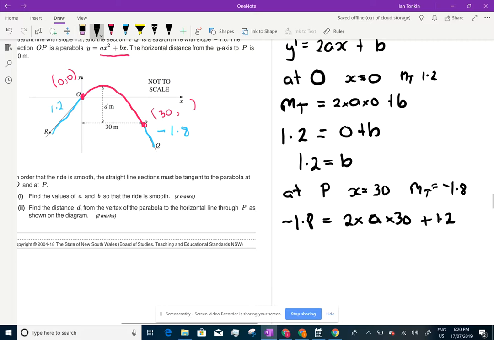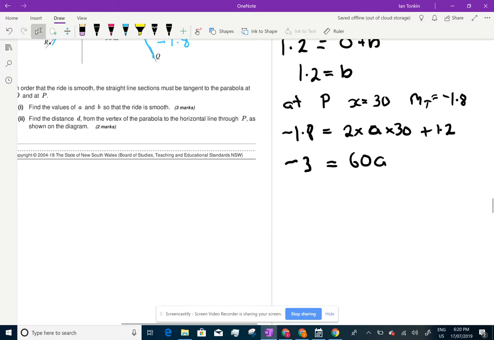I don't have to write b anymore. Let's minus that 1.2, which gives me minus 3 over, and 60a. Let's divide by 60, and I get negative 0.05 equals a.